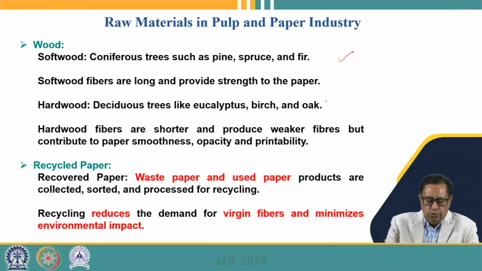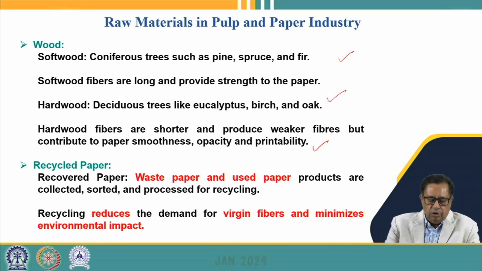We can also go for hardwood, where we use deciduous trees like eucalyptus, birch, and oak. The fibers produced from hardwood are shorter and weaker. They do not have the strength of long fibers, but they contribute a lot to paper smoothness, opacity, and printability.